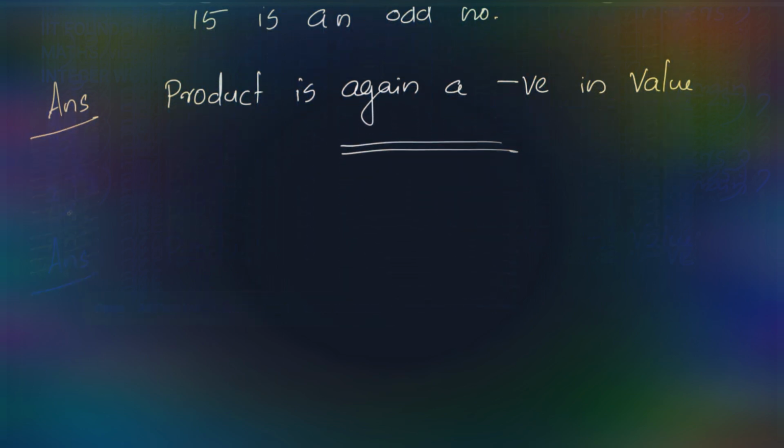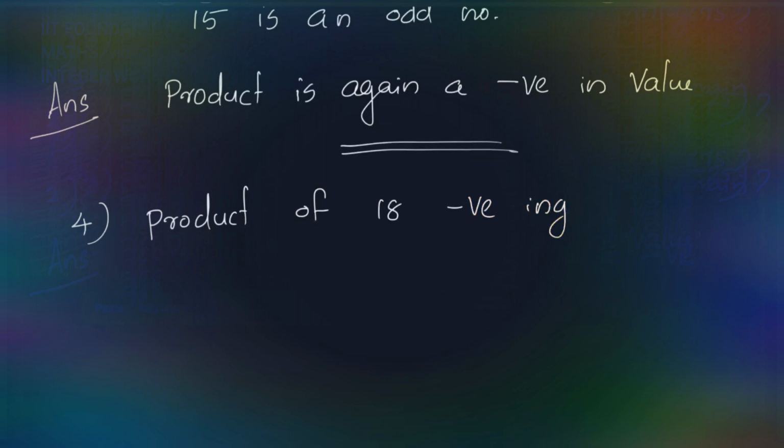This is our fourth question. Next is our fourth question, that is: the product of 18 negative integers and 0 is dash.